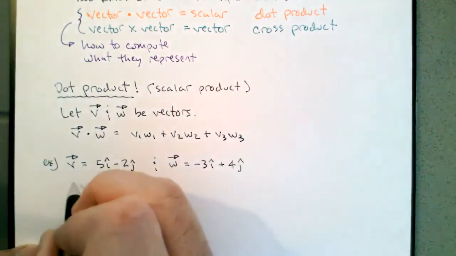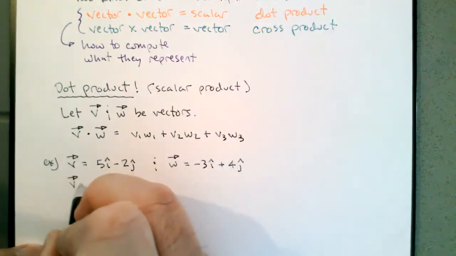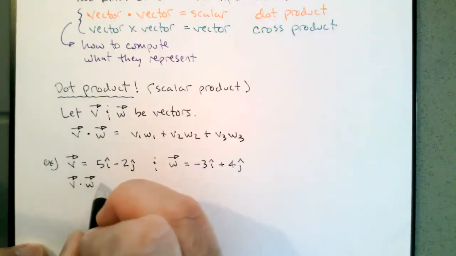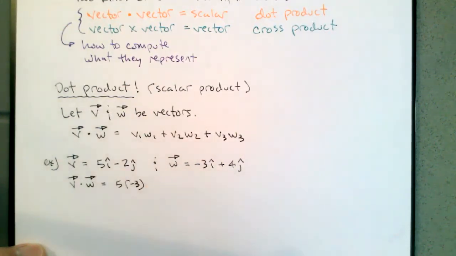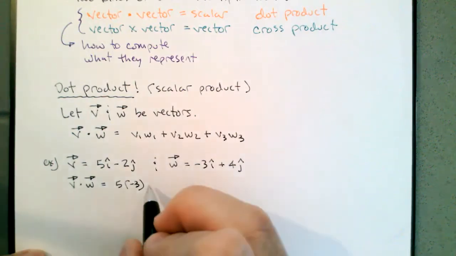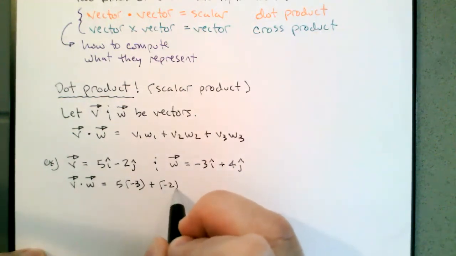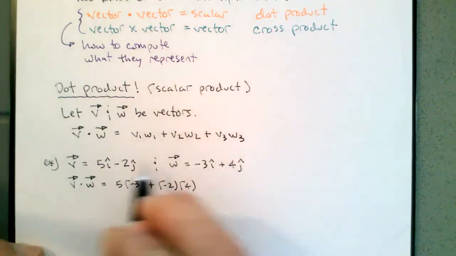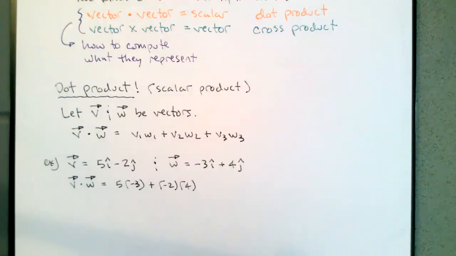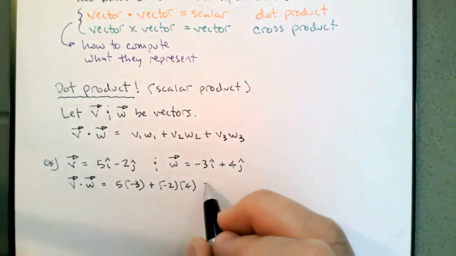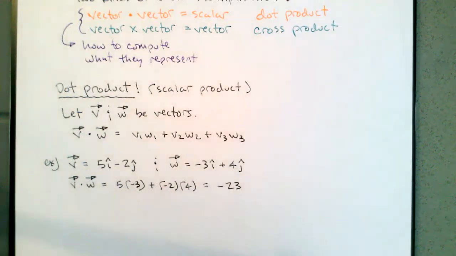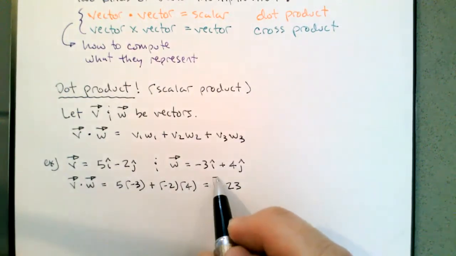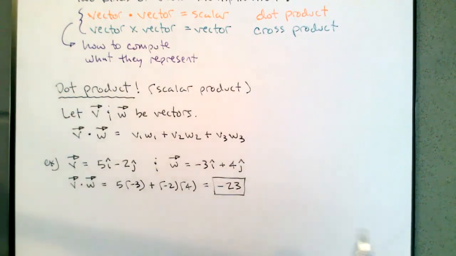Then V dot W is 5 times negative 3, multiply the i components, plus negative 2 times 4, multiply the j components. If there were k components, I'd multiply those as well. And then just add them up into the scalar. So negative 15 minus 8 is negative 23. Wait, is that right?